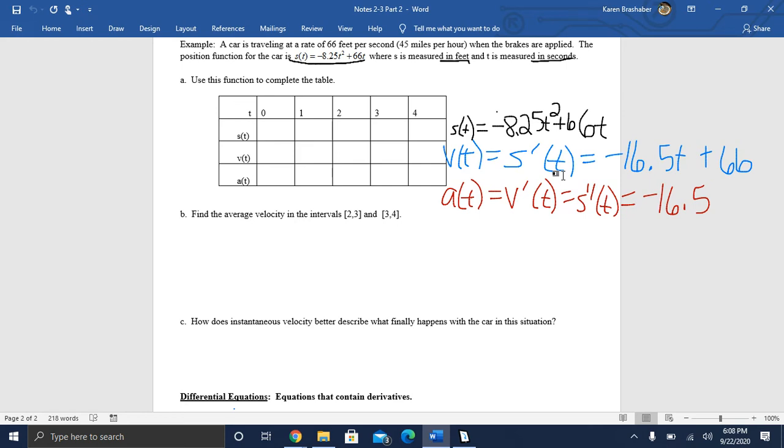And then I also want to talk to you about the units of measure. So S of t is measured in feet. So our measurement for S of t would be feet. That's the position of this car. The velocity, since our time is measured in seconds, the velocity would be in feet per second.